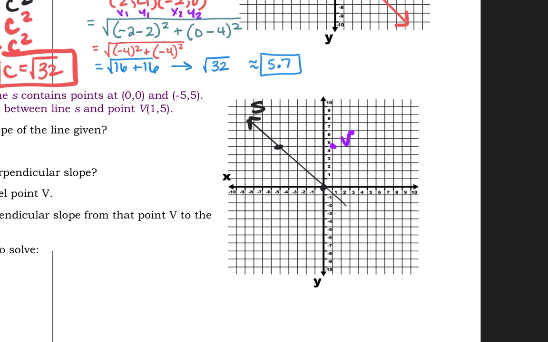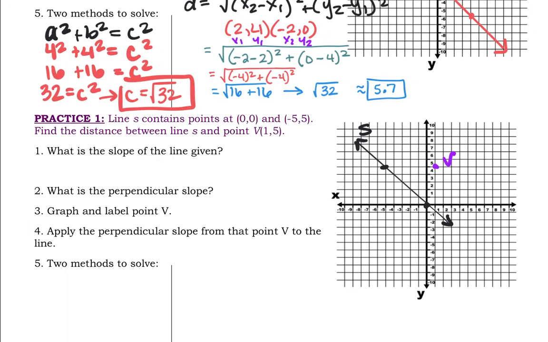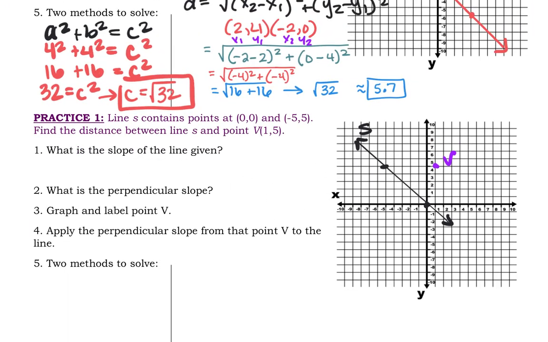S. All right. Just make sure you label the S. And then what was the slope of the line given? What'd y'all get for the slope of the line? What was 5 minus 0 over -5 minus 0? -5 over 5, which is what? -1. Okay, this was your slope.